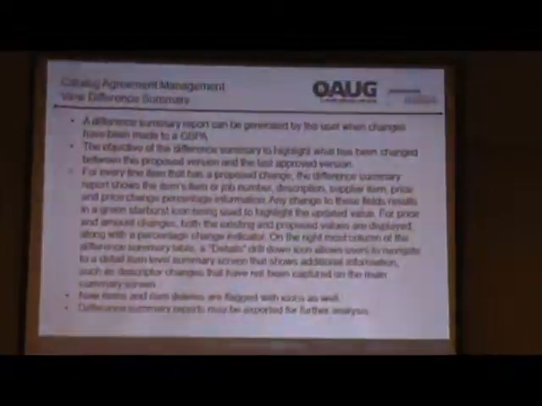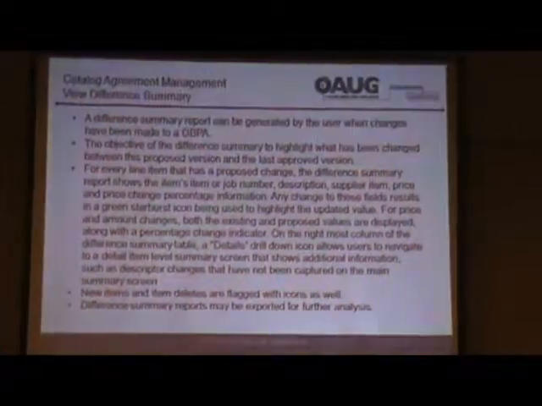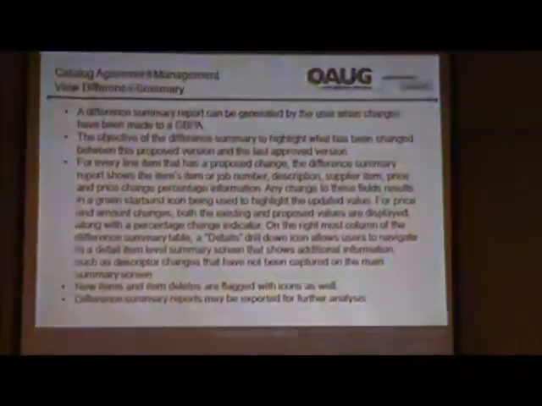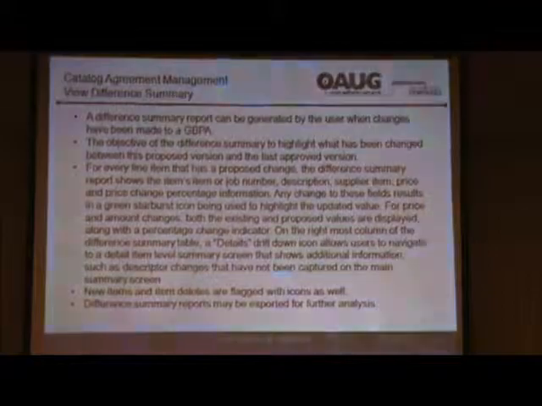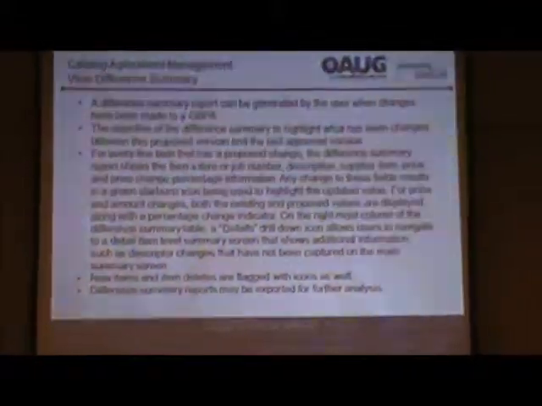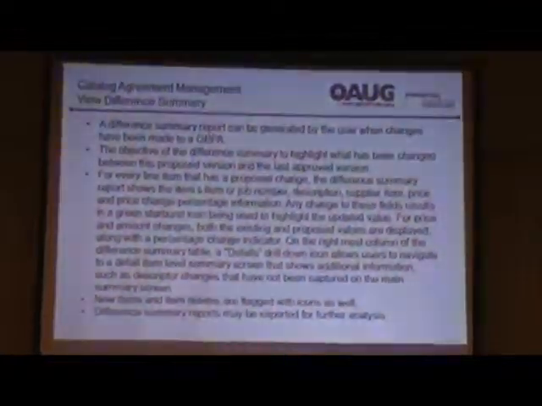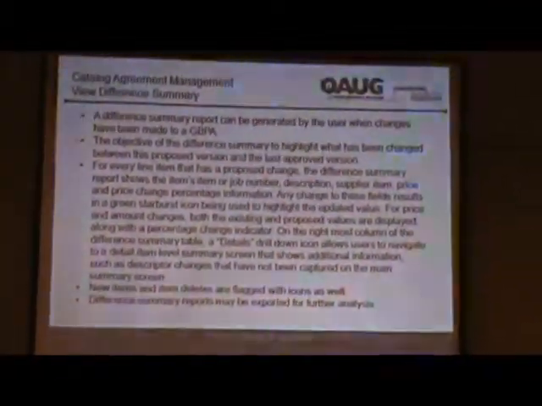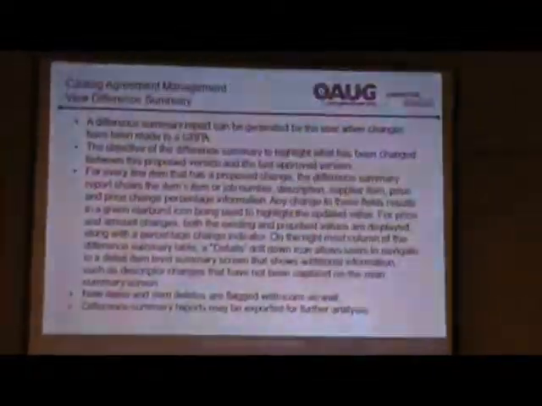So this feature is useful at that point in time. It is also useful for the person who is changing the global purchase agreement lines. This page is so intuitive that whoever is accepting it will be able to look at the page and immediately determine what has been changed.